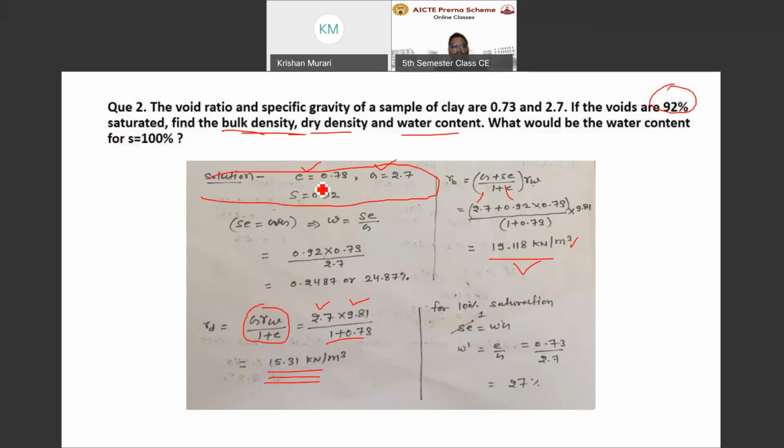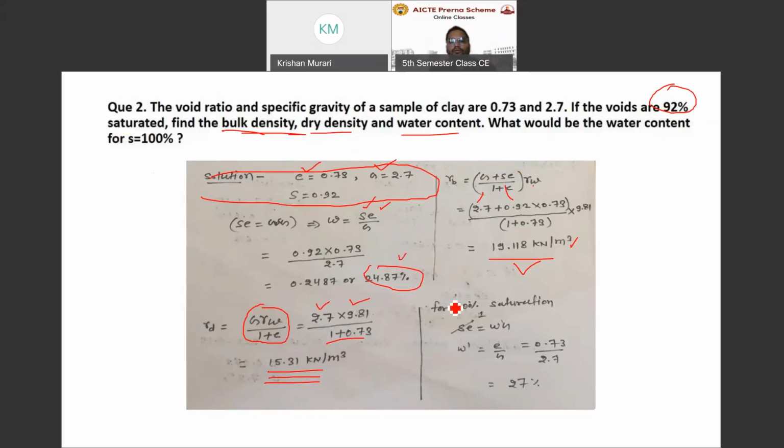You have to use Se equals wG. Here w equals Se upon G, because the saturation level is given, void ratio is given, and G is also given. Then you calculate the water content. So here the water content is 0.2487 or 24.87 percent. Whichever term the question asks, you have to write that term.